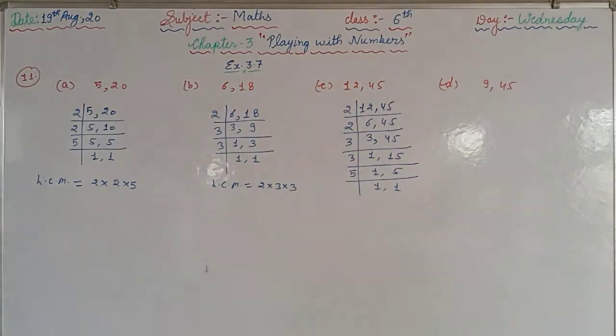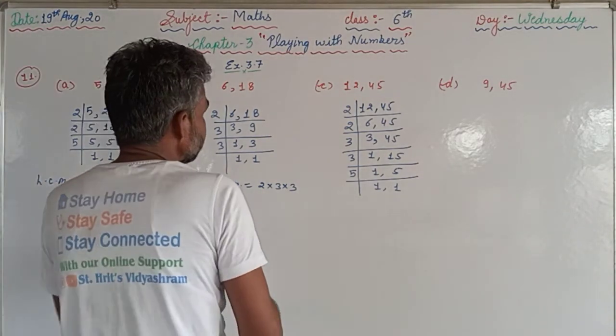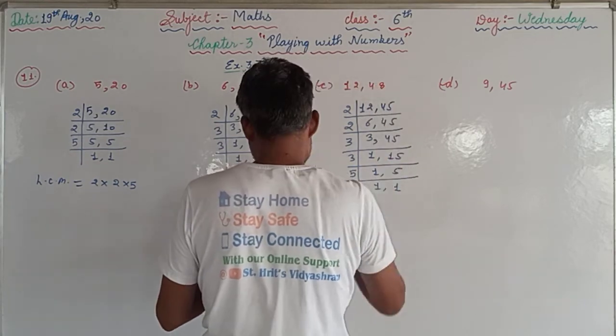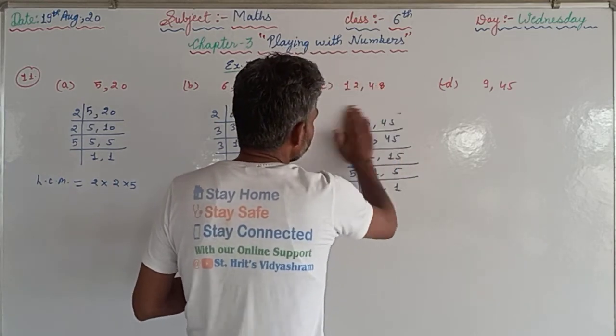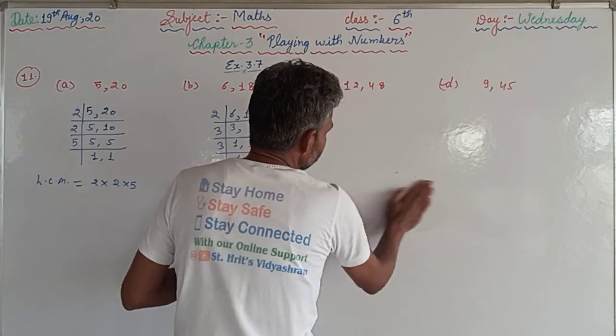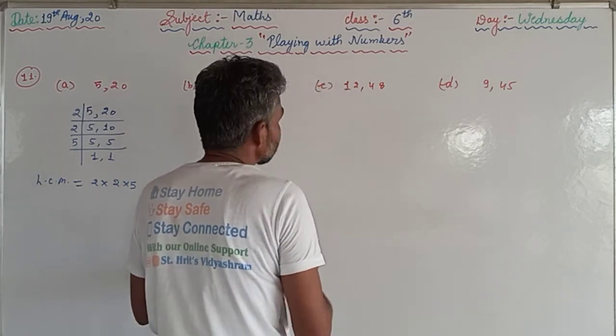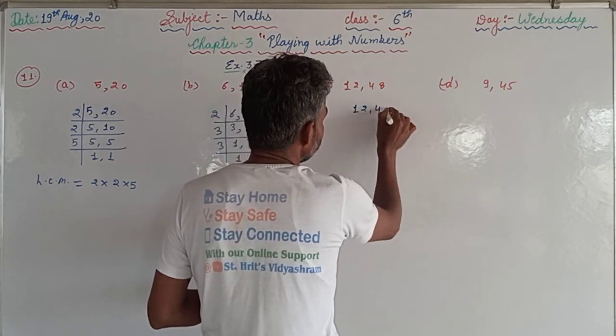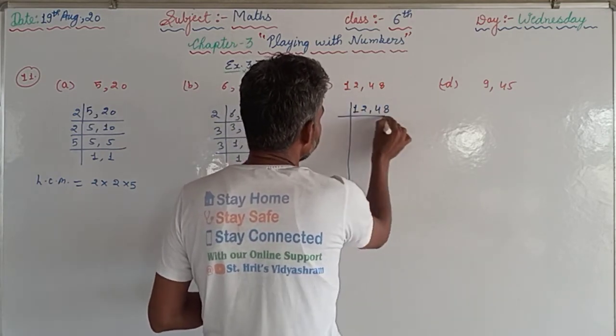That is actually not 12, 45. That is 12, 48. That's why we have to rub this out and find the LCM again, because that number is 12, 48. So again we have to start.